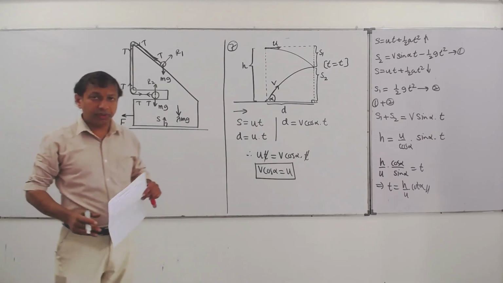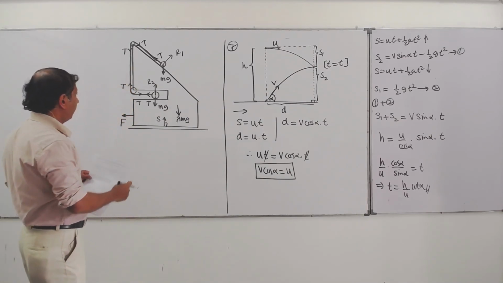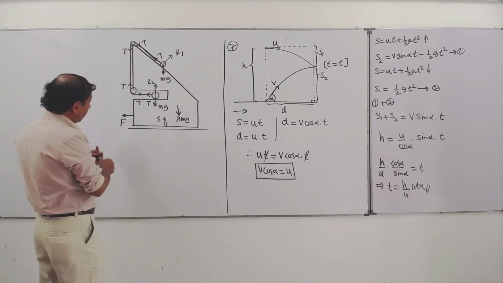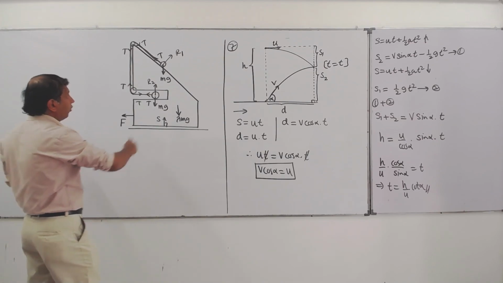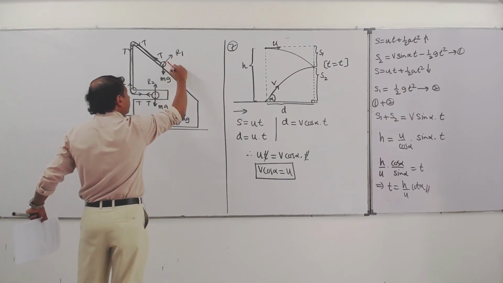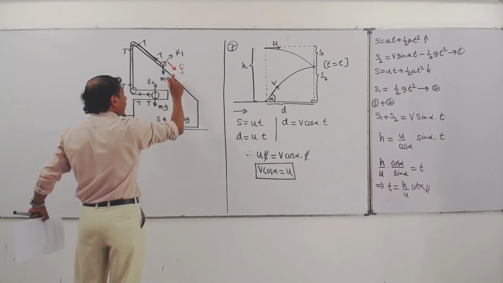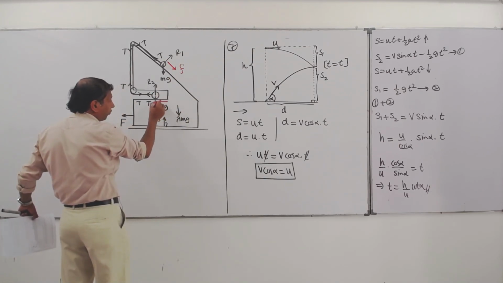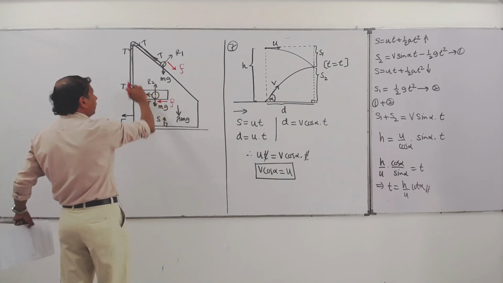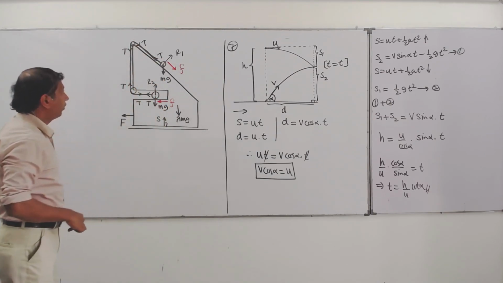Suppose acceleration is capital F. And this particle is moving down along the plane with, suppose, acceleration small f relative to the wedge, then this end should move with the same acceleration leftward, because it is joined by the same string.